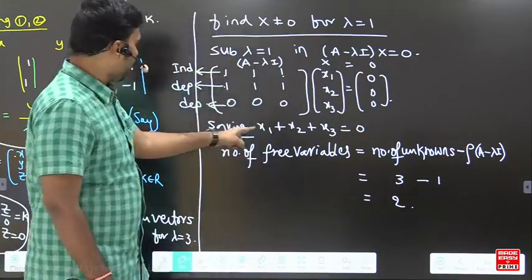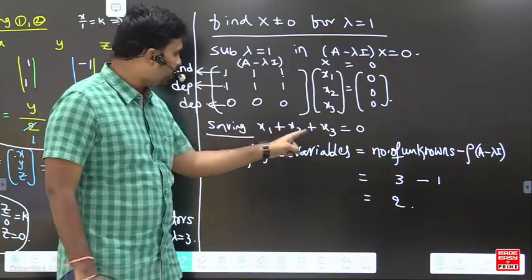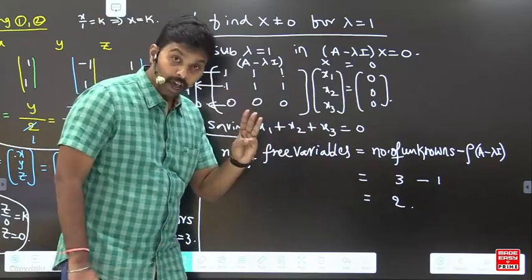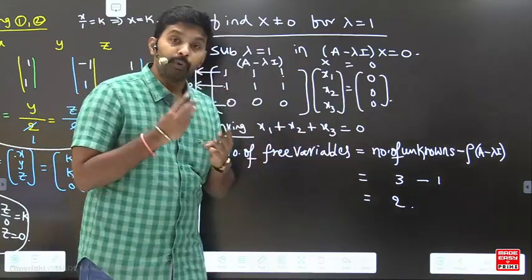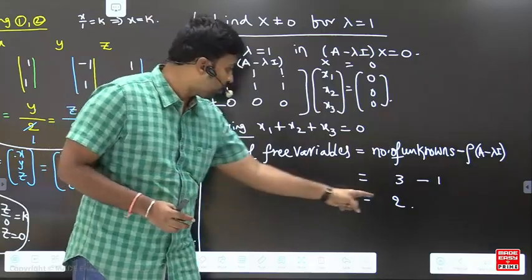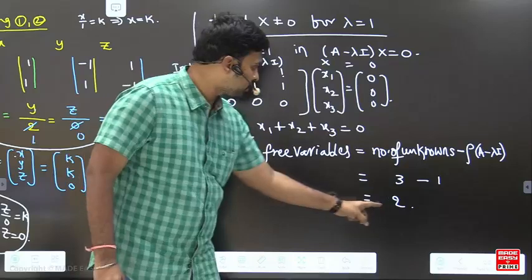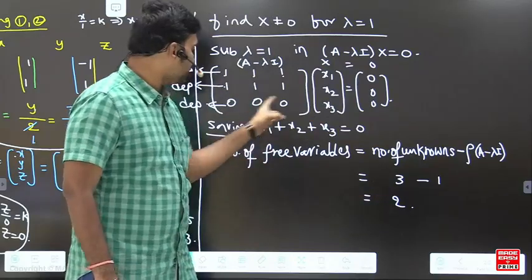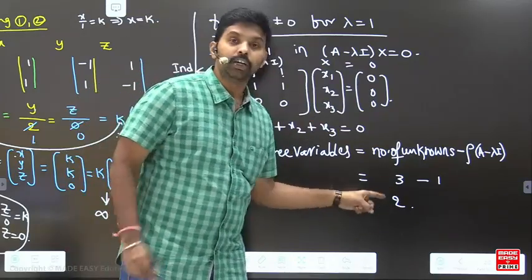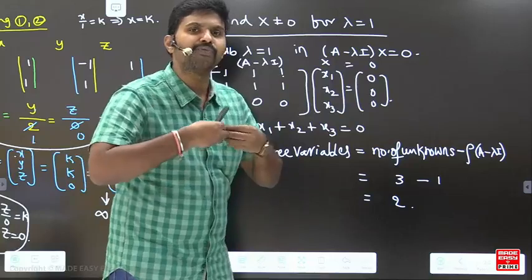Just see this. Out of these three variables, to solve this, the number of free variables is 2. So out of these 3 variables, you have to take 2 variables as free values.